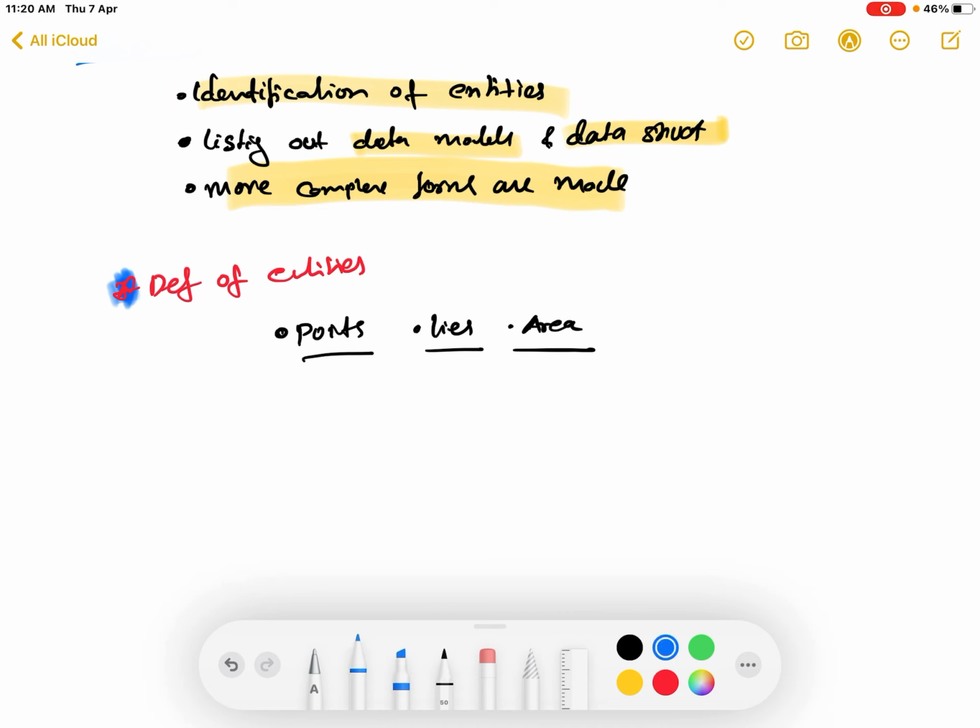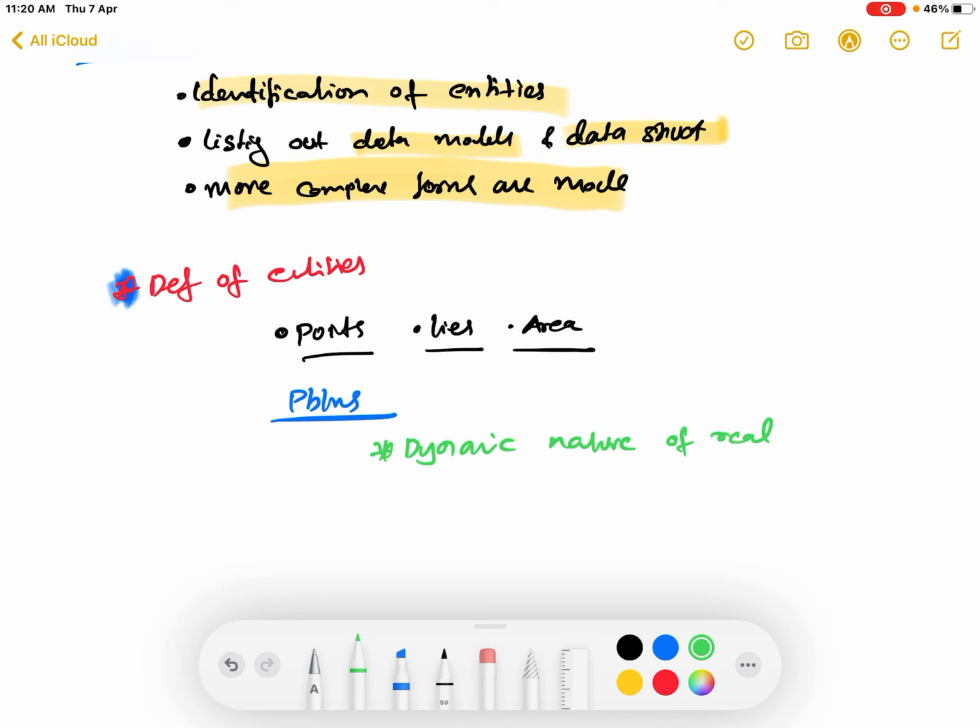But you face certain problems while you define the entities. What are the problems you face while listing or defining these entities? The first main problem is the dynamic nature of the real world. If you look at nature, it is always changing.